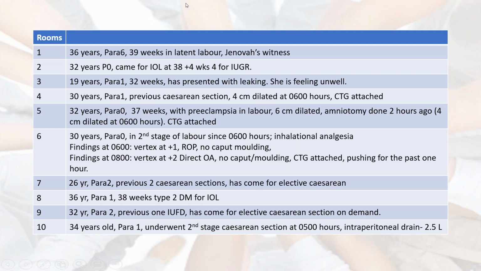Okay, and then this one, number 6, is semi-urgent, so the midwife can do this. The previous cesarean case is routine, the midwife can see. Number 8 also midwife, it is routine.